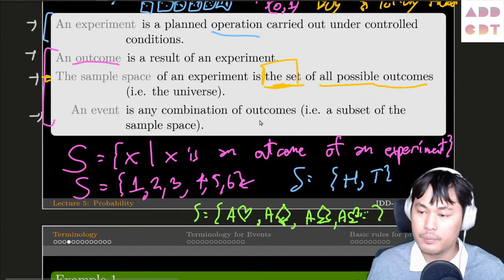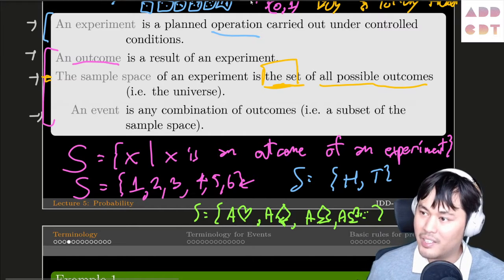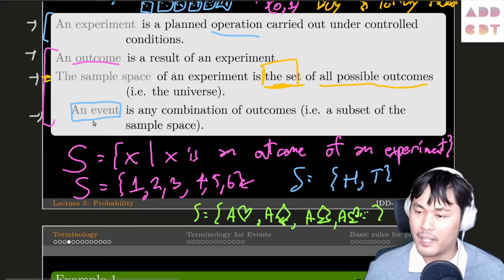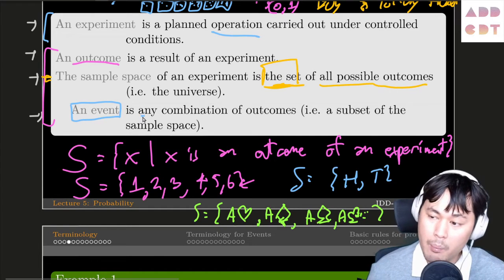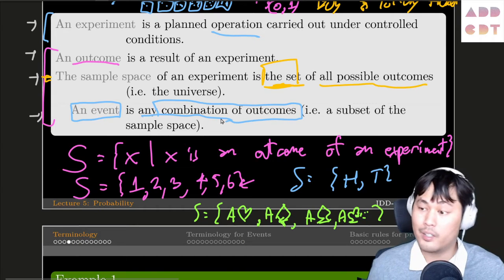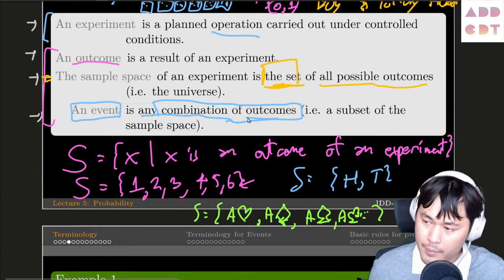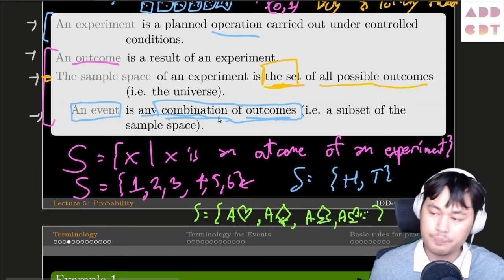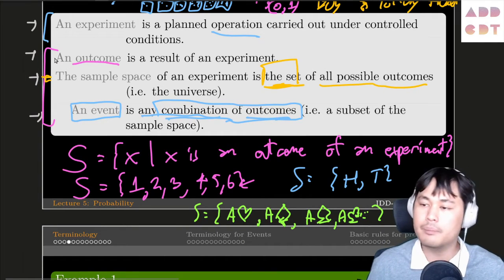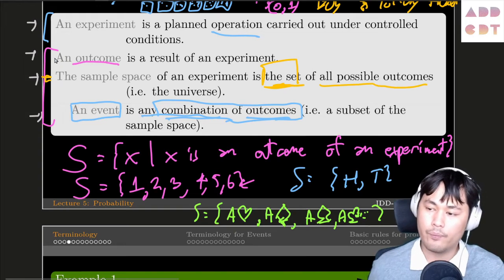That's the sample space. And finally, this is the most important part that we're going to use a lot: an event. An event is any combination of outcomes. So we have two keywords, outcomes and combination. When we talk about an outcome, it is a single outcome, but an event can be any combination of outcomes.